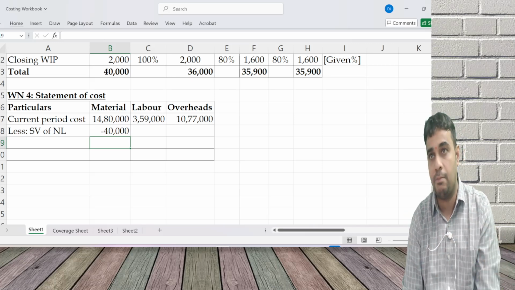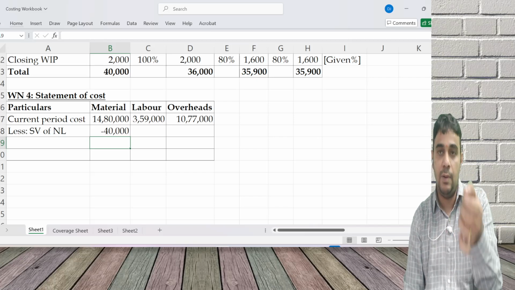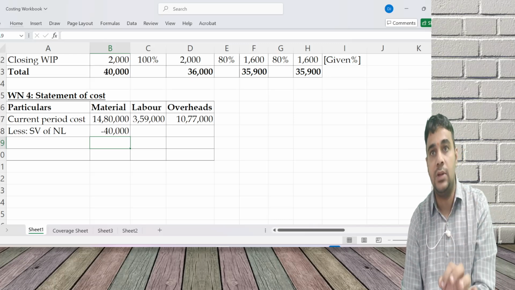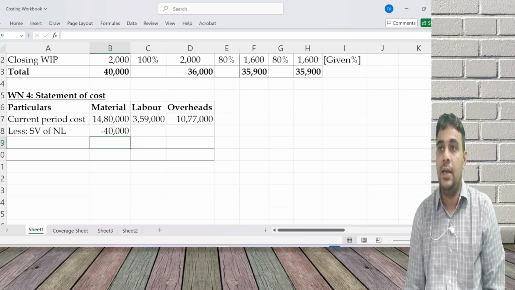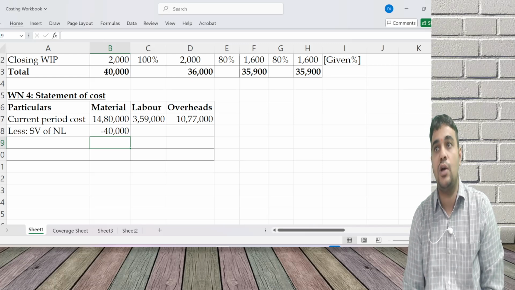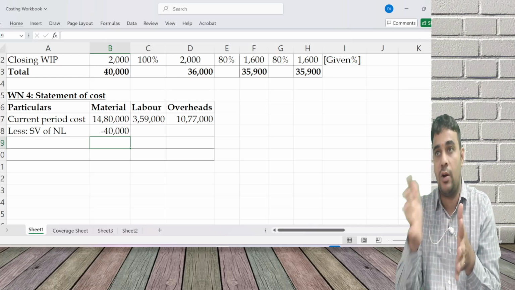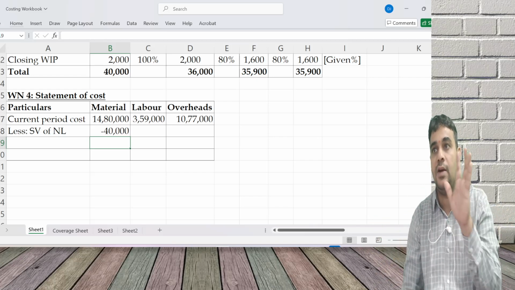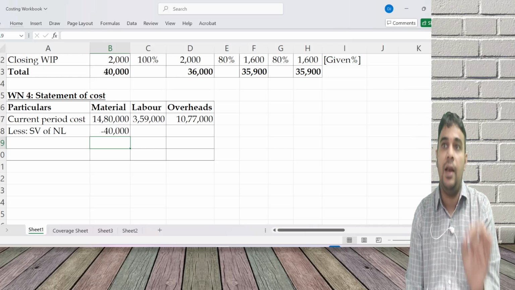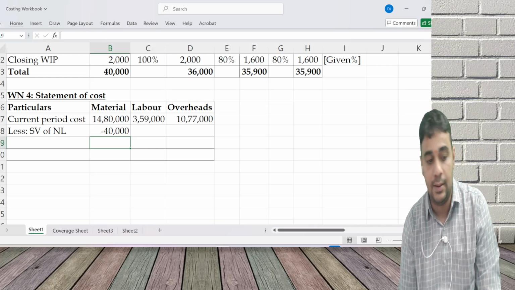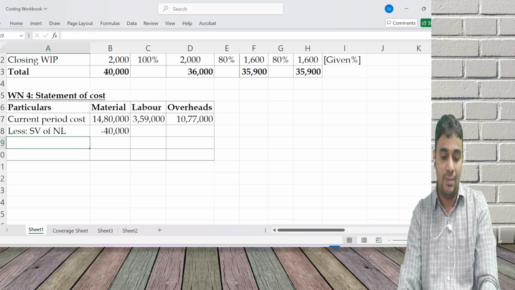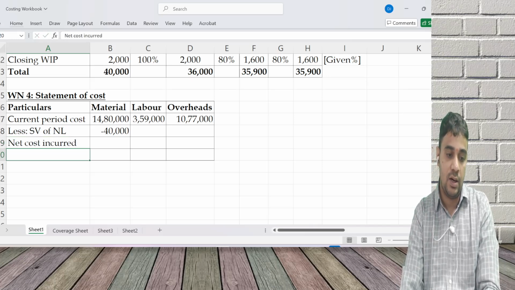Similarly, if I scrap this table, he will just look at the material in it and give me the value for that, not for the efforts put in. Whenever we scrap something, there is only value for the material content. So less sale value of normal loss only from the material column. Net cost incurred.